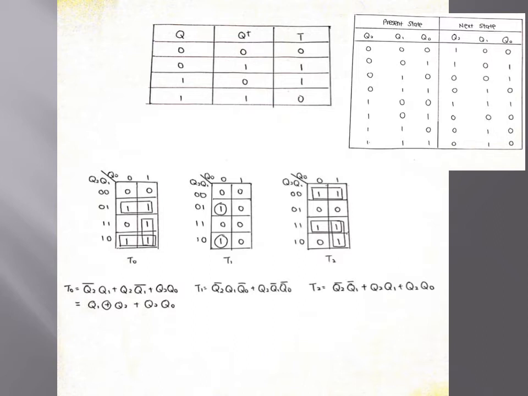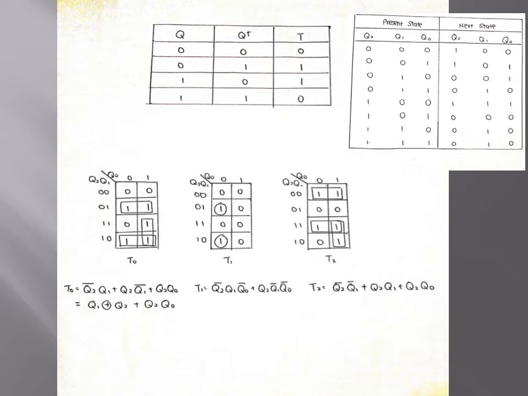So the T will be 0, and we fill out the 0, 0, 0 column here as 0. Another example, 0, 1, 0. We refer to the Q0 column: 0 at the present state, and next state is 1. So 0 to 1, the T will be 1. So we fill out the 0, 1, 0 column with 1. So we can continue to fill out.